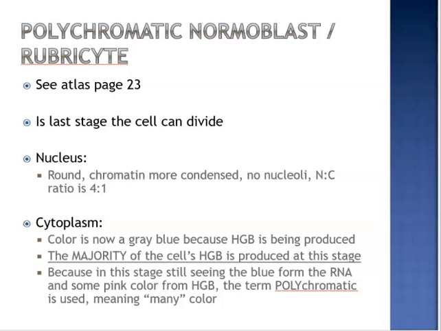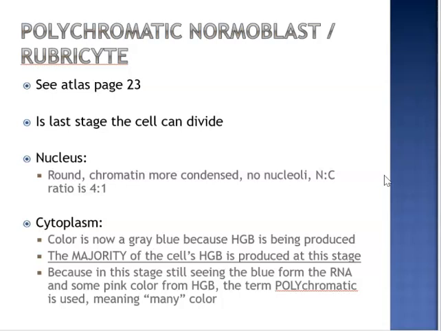The cytoplasm color is now a gray-blue because hemoglobin is finally being produced. We usually represent hemoglobin with HGB. The majority of the cell's hemoglobin is produced in this stage. This is important, that's why it's underlined. The majority of the cell's hemoglobin is produced in this stage.